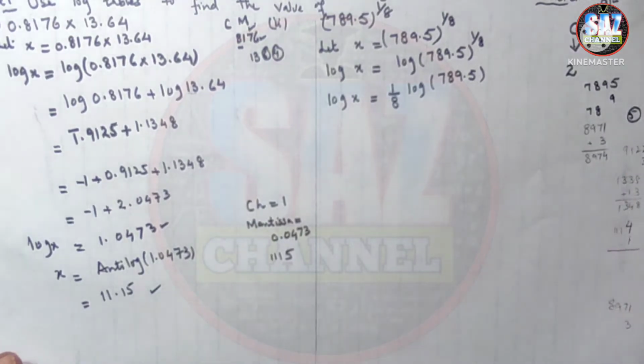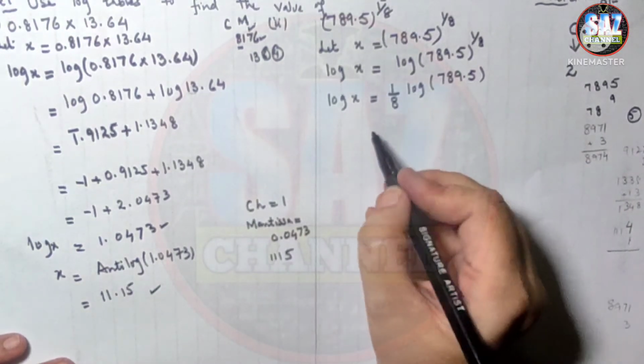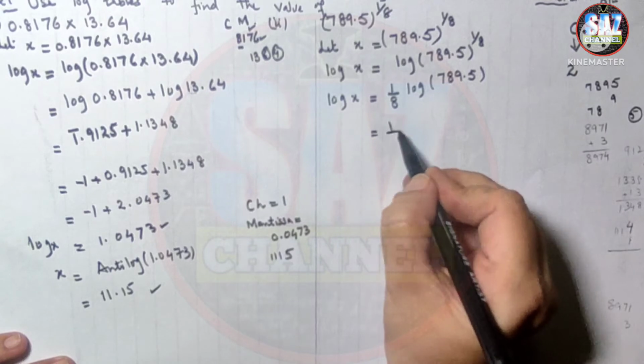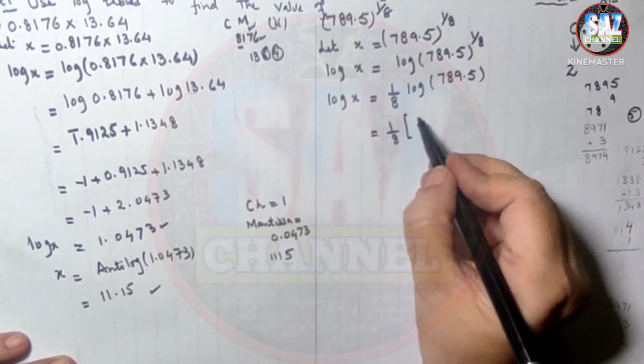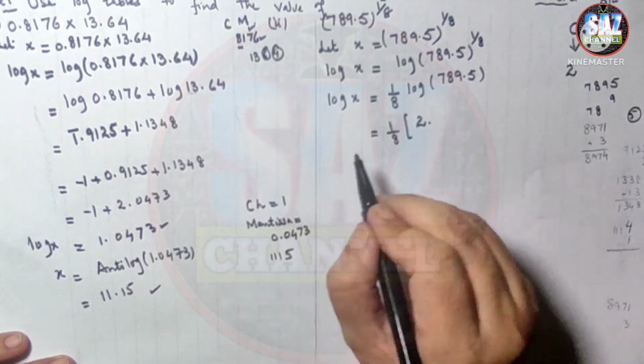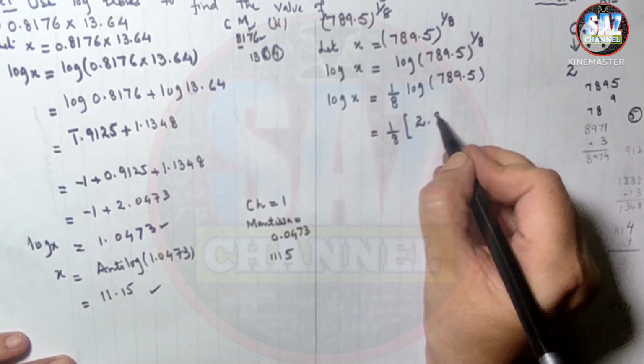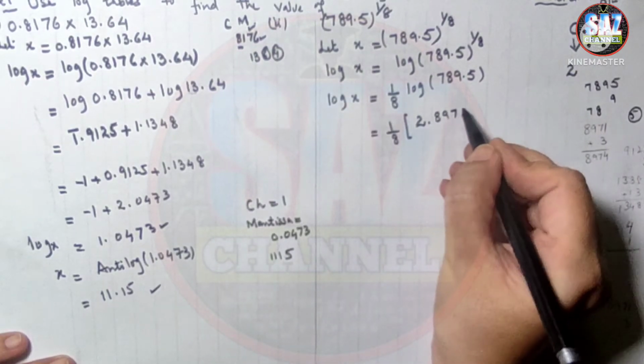So I will have 1 by 8 into, as the characteristic is 2, 2.8974.